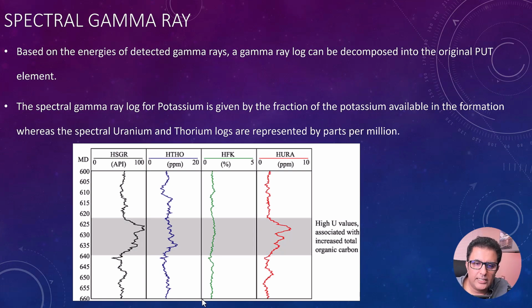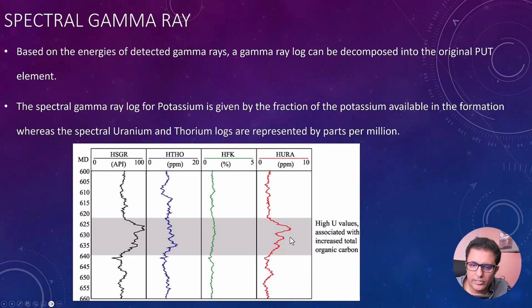What you see here is an example of a spectral gamma ray. The first column shows the variation of total gamma ray, and here is a shale formation with high gamma ray reading. Then here we have the spectrum for thorium, for potassium, and then for uranium.